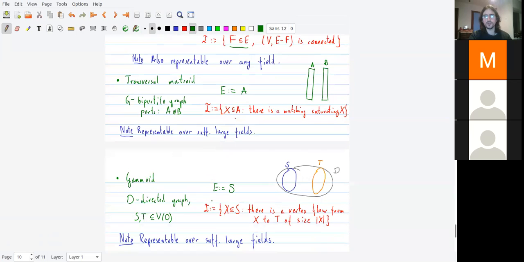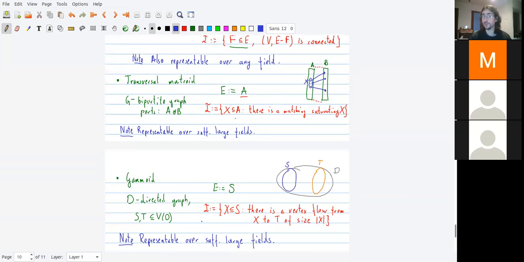Then finally, I wanted to give you two examples of really important matroids that are quite non-trivial to show are matroids, namely a transversal matroid. Imagine you've got a bipartite graph with bipartition A and B, and the ground set of the transversal matroid is one of the sides, say A, and a set X is independent if I can find a matching of it to the other side.